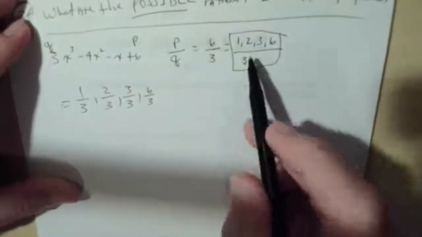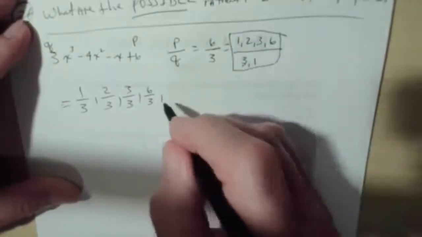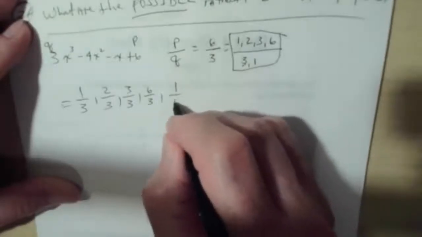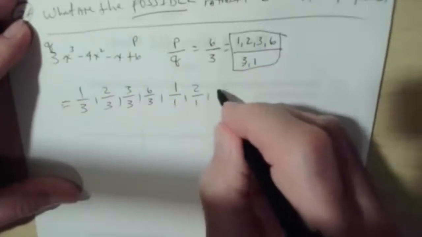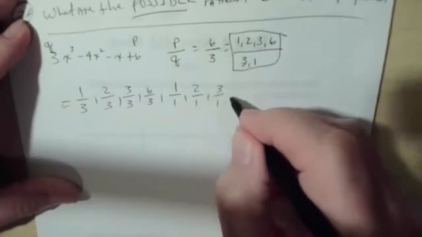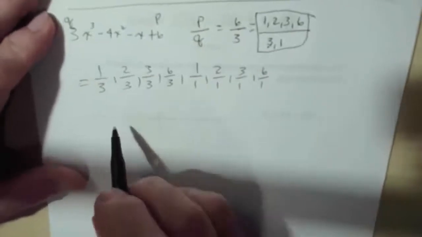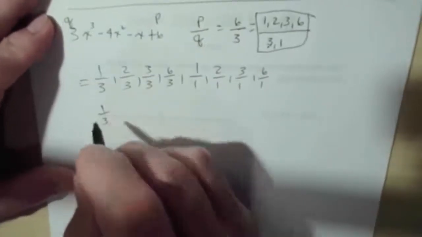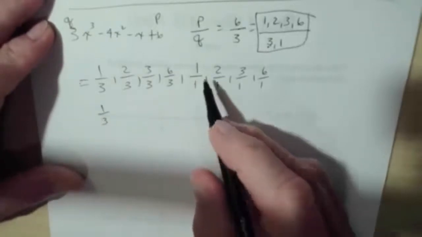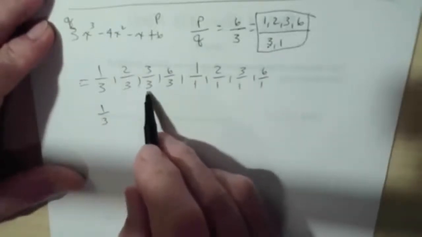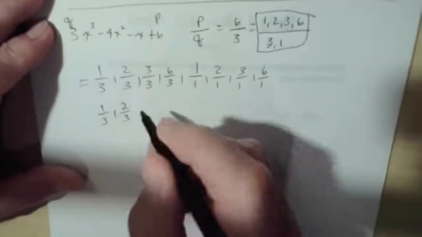Now we did these over the 3. Now we do the same thing over the 1. 1 over 1, 2 over 1, 3 over 1, and 6 over 1. Now we reduce the fractions. 1/3, 2/3, 1.